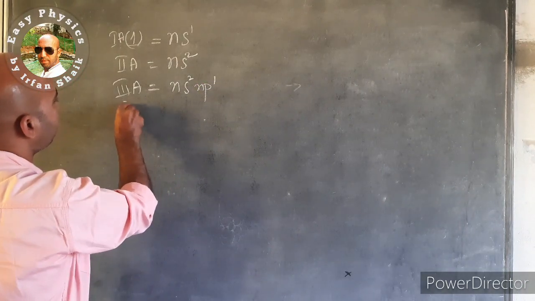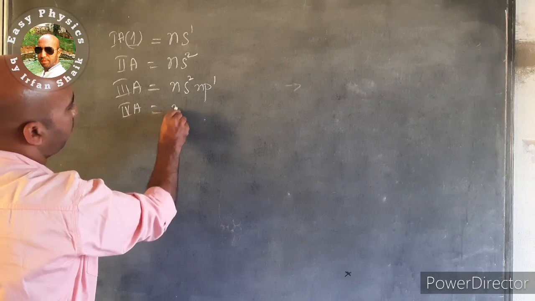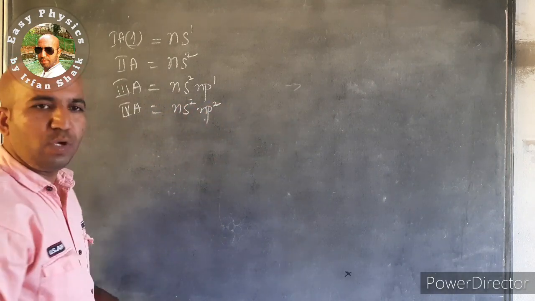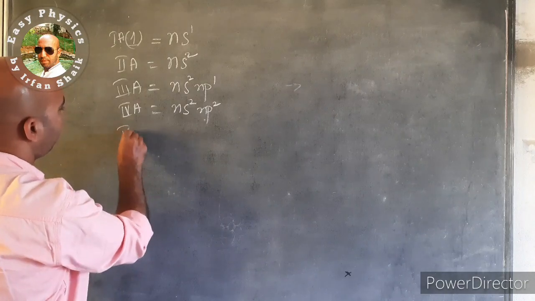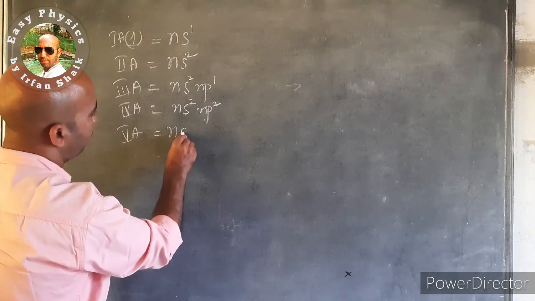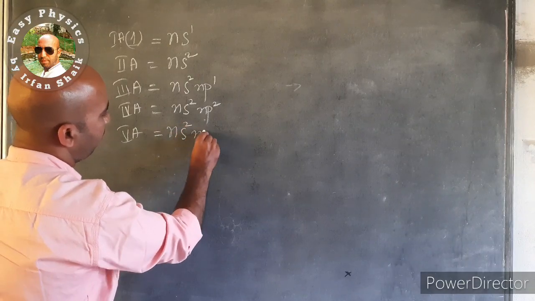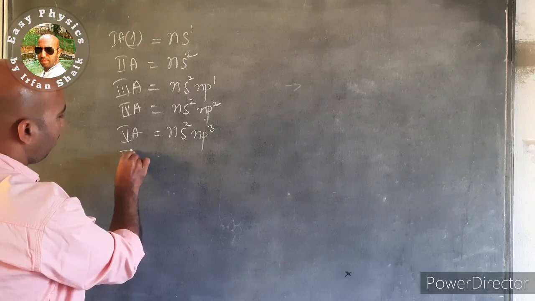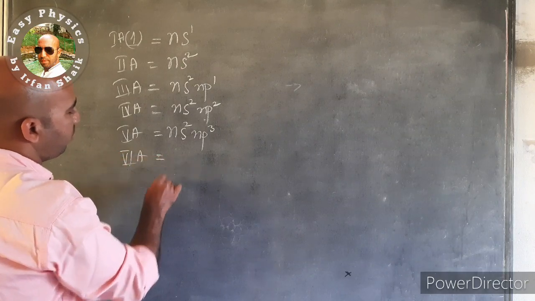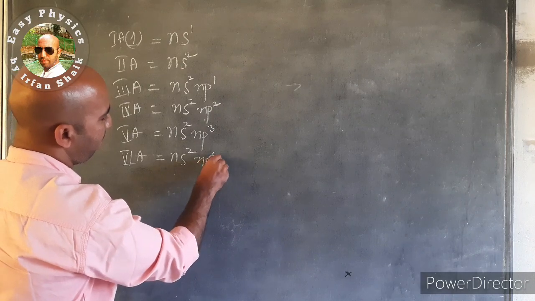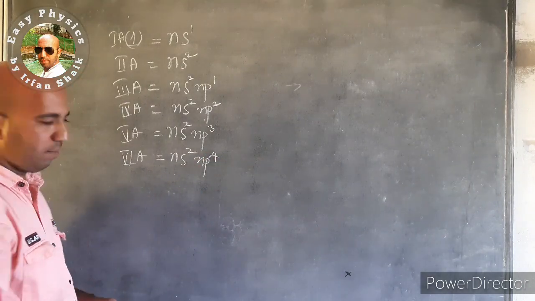Same like that, 4A group is ns2 np2, then 5A group is ns2 np3, and 6A group is ns2 np4.